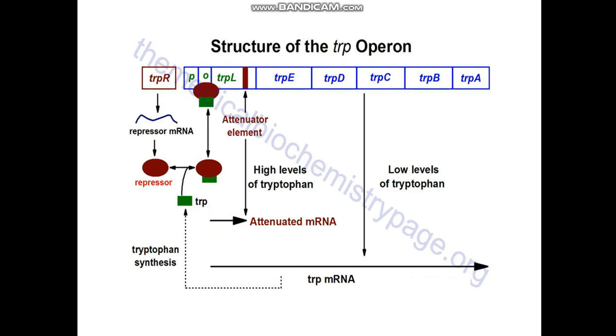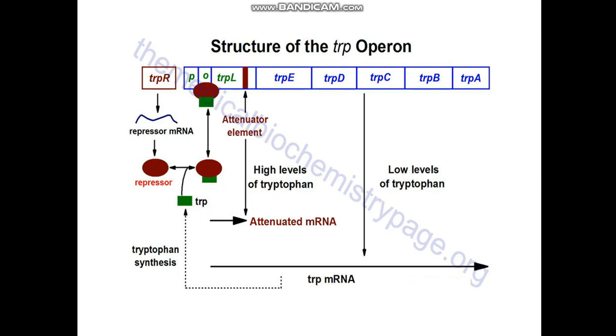Here is the structure of the tryptophan operon. There are the 5 structural genes, and on the other side there are the regulatory regions. The repressor messenger RNA is transcribed and the repressor protein is synthesized, and if tryptophan is in high concentration, then two molecules of tryptophan attach to the repressor and both of them bind to the operator site and transcription is inhibited.